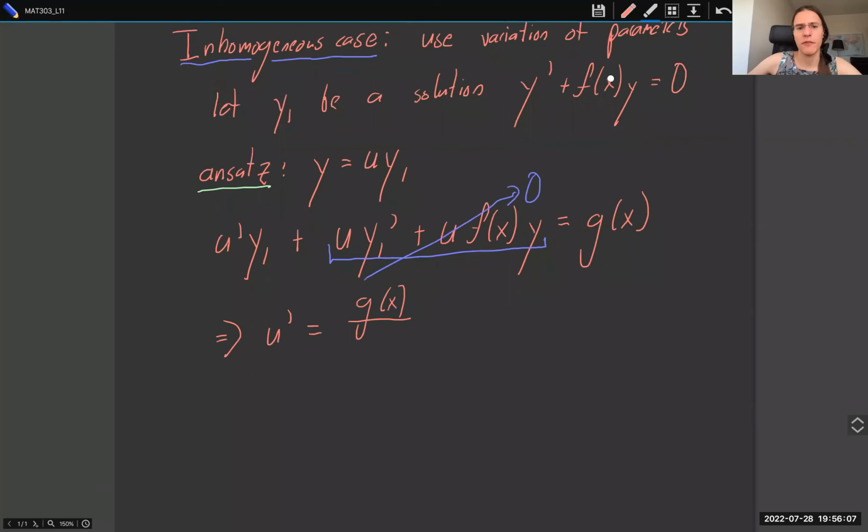I'll just write g over y1. And this is just a function of x. So it's not just separable, you just integrate it. It's already separated. I guess I can make the dependence explicit here.